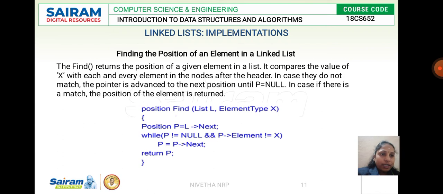Find, where are you going to find? In the list L. And we are going to find the position of a particular element. To represent that particular element, we specify X here. ElementType X. ElementType is what type of element? Whether it is an integer or a character, whatever it may be, you give it in ElementType, and X is the element that you are going to search.